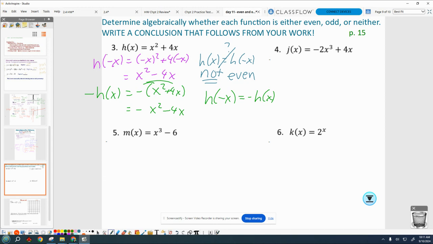So do these two equal each other? X squared minus 4x, does that equal negative x squared minus 4x? No? Sasha says no. So what is it? It's neither.